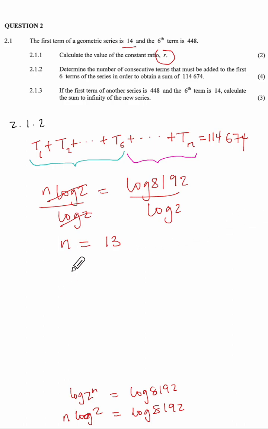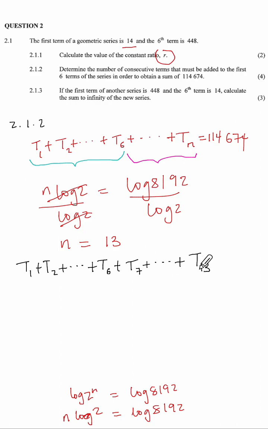So what this means, well, let's interpret this 13. It means if I were to add up from T1 plus T2 plus up to, let's say T6, and I continue adding T7 plus all the way up to T13.